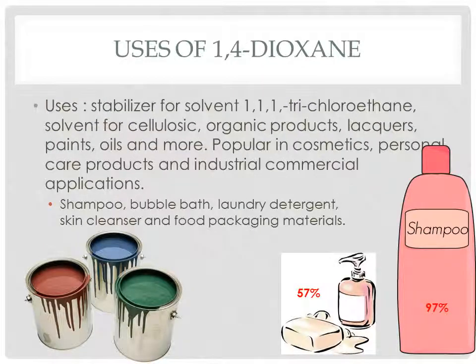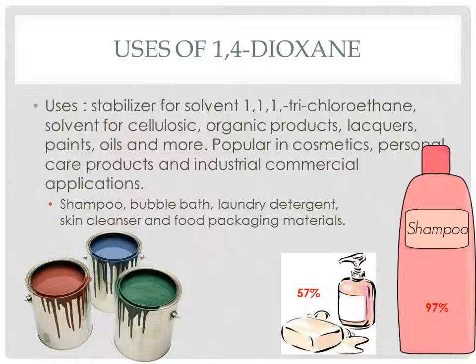So let's take a look at how this chemical is used. 1,4-dioxane is generated from a carcinogen, ethylene oxide, through a process called ethoxylation. Basically, ethoxylation is used to make other chemicals less harsh. So it is used in many productions of cosmetic raw materials and cosmetic finished products.